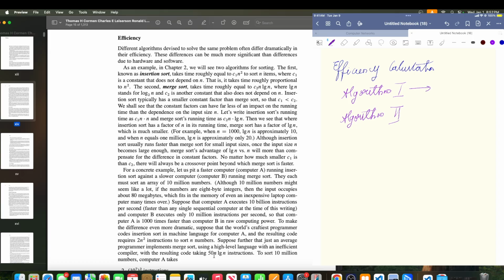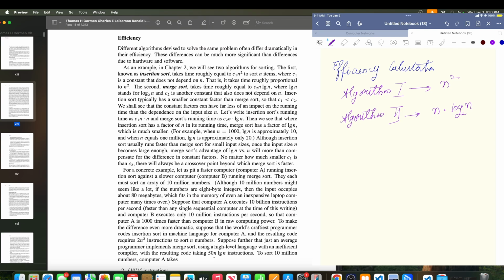Suppose this takes n square time to solve. Why we are measuring in these terms, I'll let you know later on. This takes n log n time, and this log is always to the base 2. Thus we see that n is a factor of n log n.